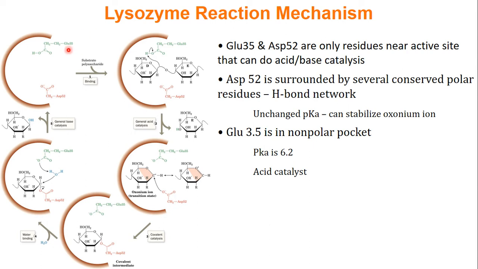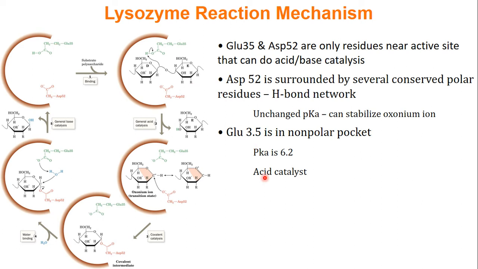GLU, on the other hand, is in its protonated form, which we're not used to seeing. Usually we think of GLU as a negative amino acid. The reason why GLU35, not 3.5, GLU35, is protonated is because it is surrounded by nonpolar amino acids. Having a negative charge in a nonpolar environment is very energetically unfavorable.